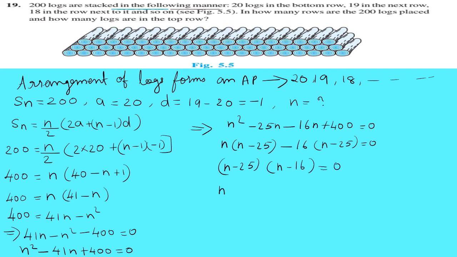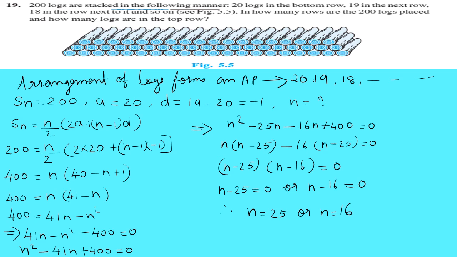That is n minus 25 equal to 0 or n minus 16 equal to 0. Therefore, n equal to 25 or n equal to 16.